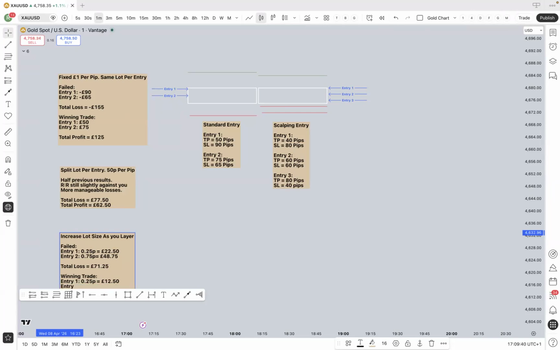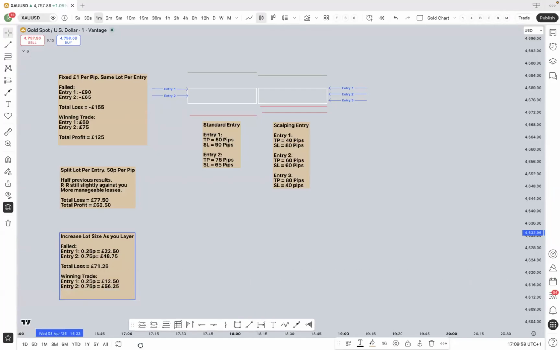And entry 2, 0.75p per pip would then give you £56.25. Meaning your total profit would be £68.75.